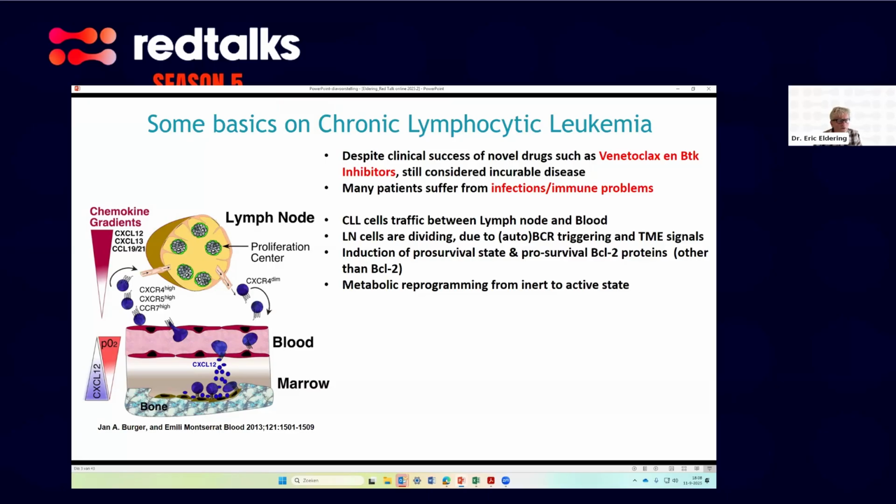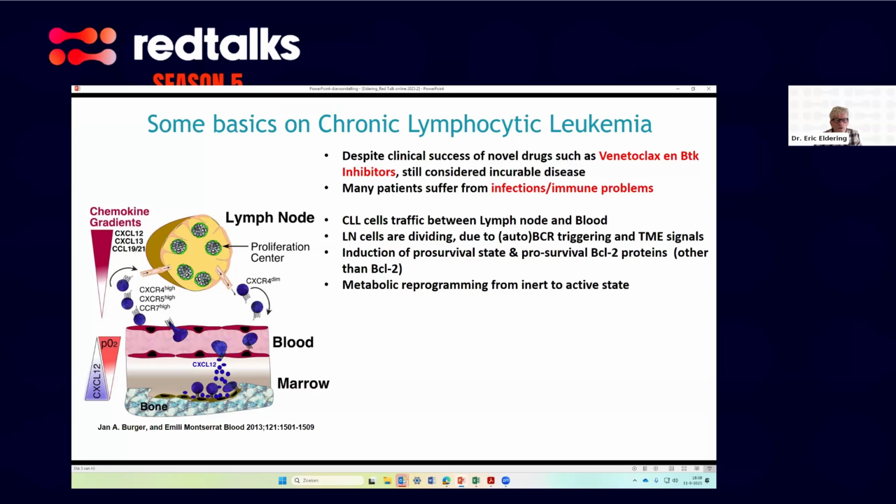Important to know is that CLL, though called a leukemia, the active disease actually takes place in the lymph nodes of the patients. And that is where the disease is, where the cell division takes place due to B cell receptor triggering and various signals from the tumor microenvironment, both from surrounding cells, cytokines and chemokines.